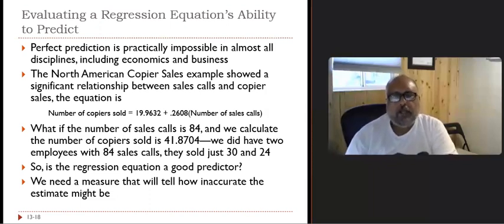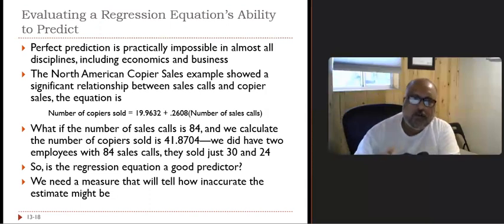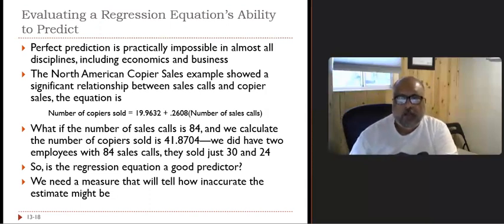While regression equations provide estimates, they may not always accurately predict individual outcomes. And as I said, the standard error of estimate helps measure prediction errors by calculating the variance around the regression line.